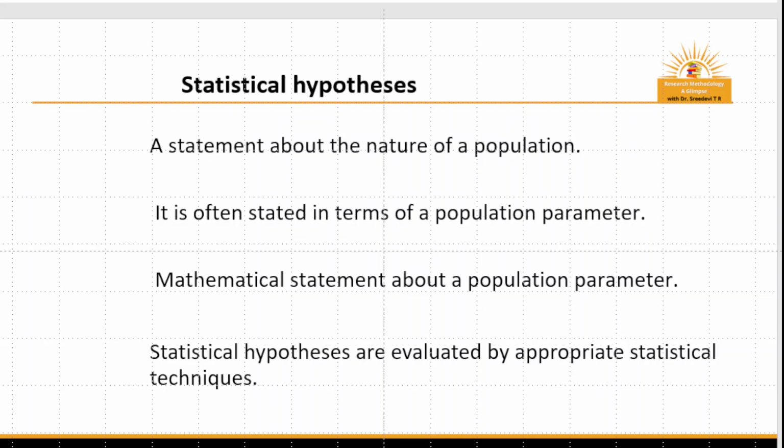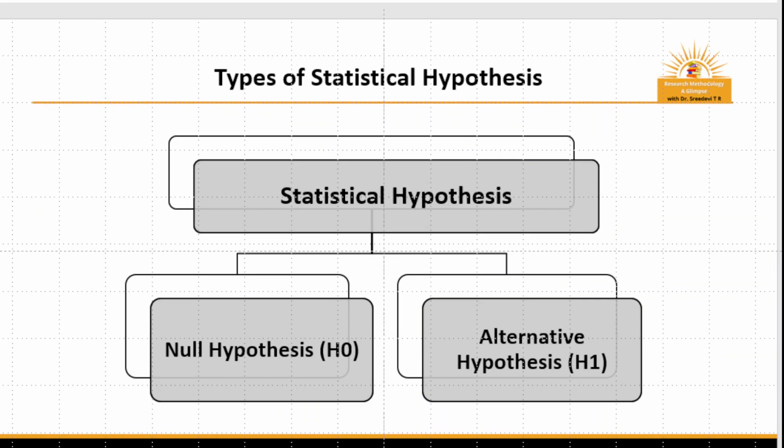So, here in the statistical hypothesis, we make an assumption about a population parameter. This assumption may or may not be true. So, statistical hypotheses are of two types: null hypothesis and alternative hypothesis. We will see what is null hypothesis and alternative hypothesis.